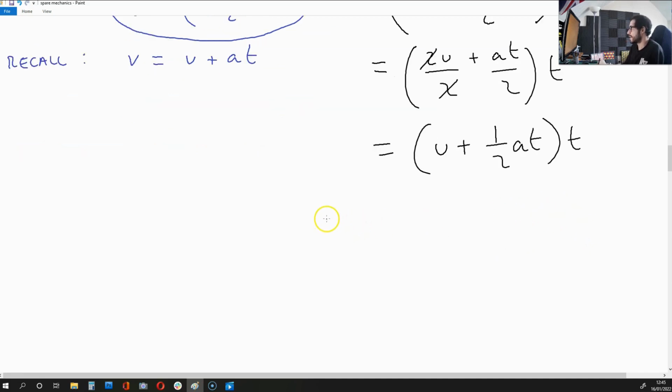And this gives us, for s, ut plus half at squared. This means that s, which is displacement, is equal to starting velocity times time plus half times acceleration times time squared.